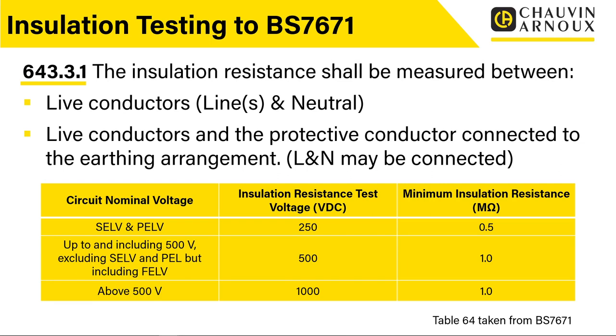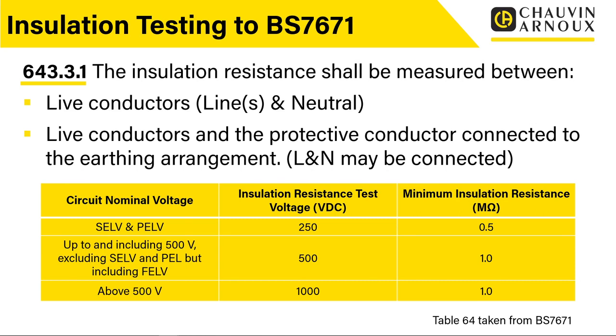Because they operate at lower voltage, these are 50 volts or less AC circuits, there isn't such a requirement for the insulation to be as strong. Again, with all of these values, if you're testing a new installation, you would expect the insulation resistance to be way, way higher than these. Even if you're testing an old installation, you would expect the values to be way higher than these.